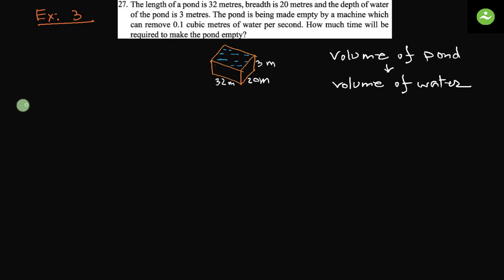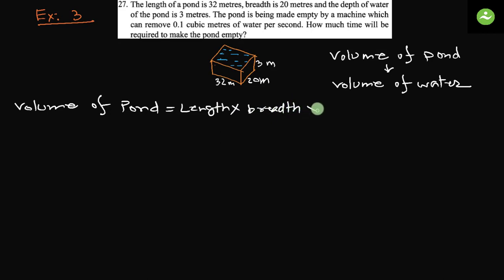So let us find the volume of pond first. Volume of pond equals to length, breadth, and the depth equals to 32 multiplied by 20 multiplied by 3, and the unit will be meter into meter into meter, which is cubic meter.